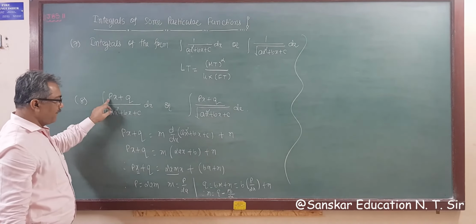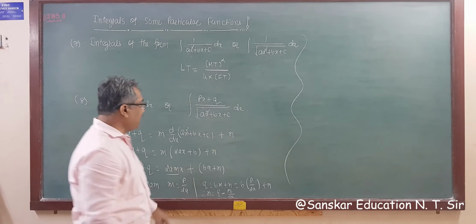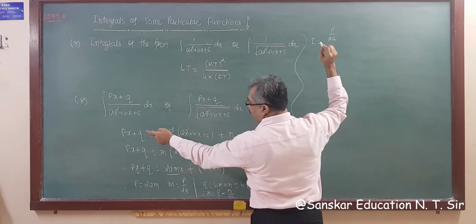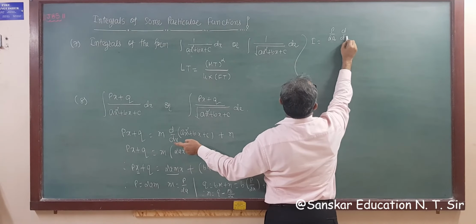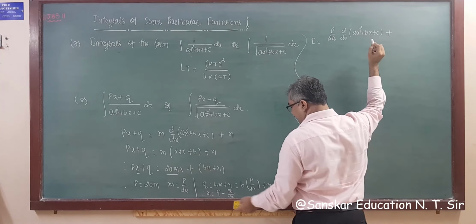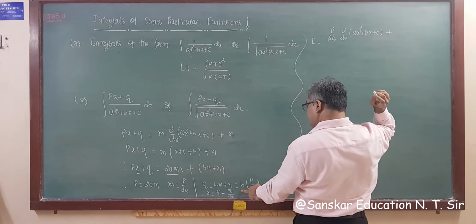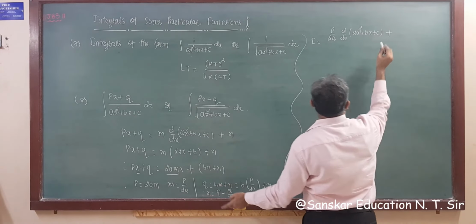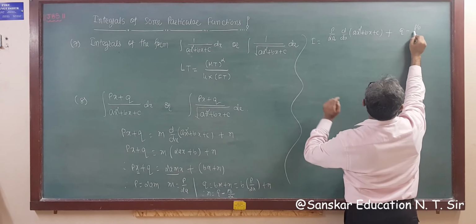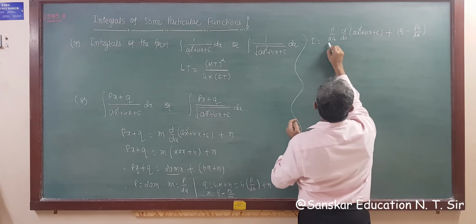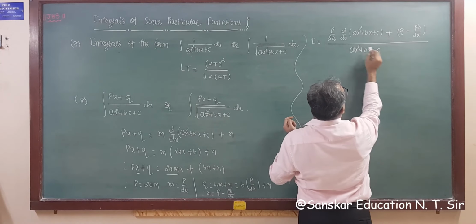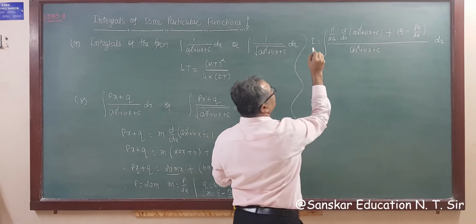Substituting this value, since m is p upon 2a, I will be p upon 2a times the integral of d/dx of (ax square plus bx plus c) plus n, where n is q minus pb upon 2a, upon ax square plus bx plus c, dx.